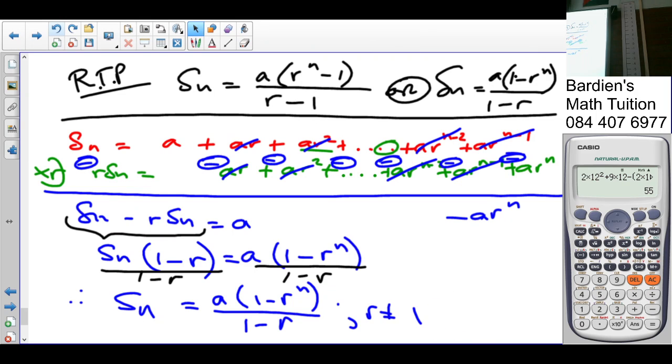I'll just check. Yeah, if it's 0, it won't be geometric. But I don't see they're writing it down here, so let's just leave it. R can never be equal to 1.